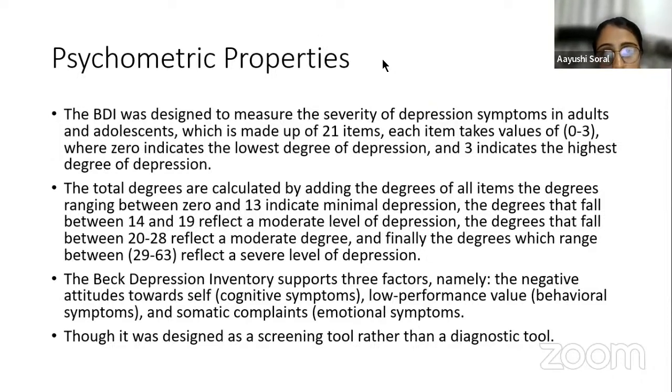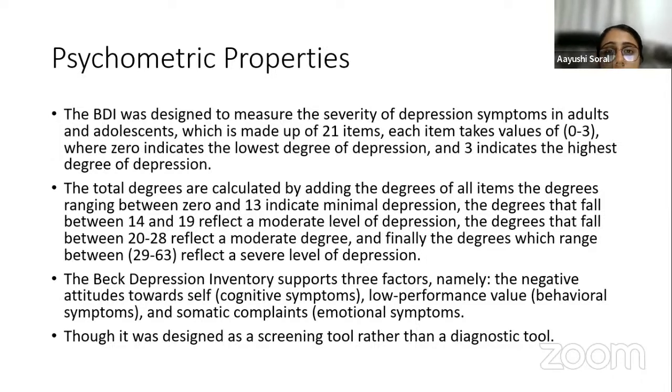Till the time Mona Lisa writes her answer, let's get back to what we were discussing. It is of 21 items we have already seen, and each item takes a value of 0 to 3, where 0 indicates the lowest degree of depression and 3 indicates the highest degree of depression. The total score is calculated by adding the scores of all items. Scores ranging between 0 and 13 indicate minimal depression.